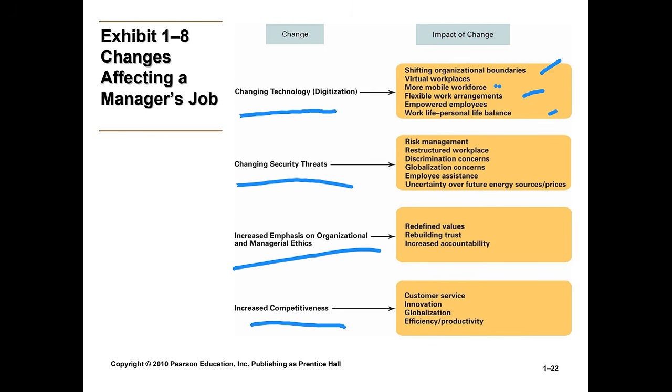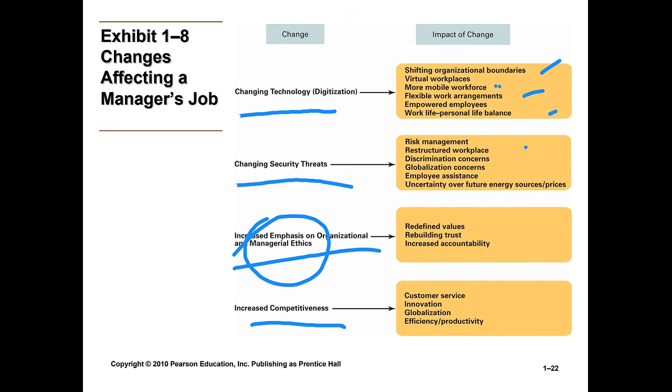Then there are discrimination concerns, globalization concerns, employee assistance, and uncertainty over future energy resources. Ethics is a burning topic of this 21st century, because we have seen many companies involved in unethical practices through which they earned lots of profits.